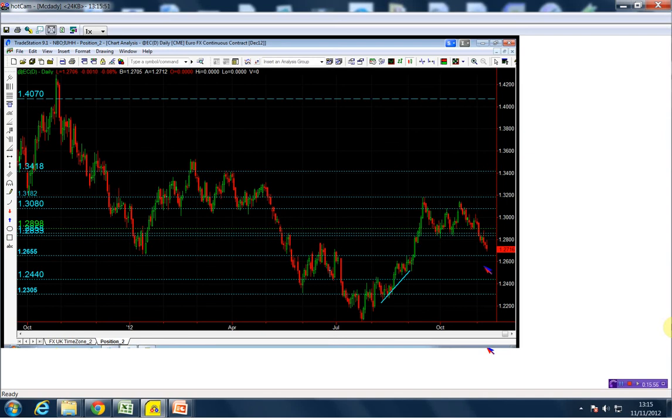I'm looking for it to actually test the 126.55, and if it does break this one, I'm looking for further liquidation. So until it gets to the 126.55, I'm looking to be a seller of the euro, and you can see it here on the weekly chart.